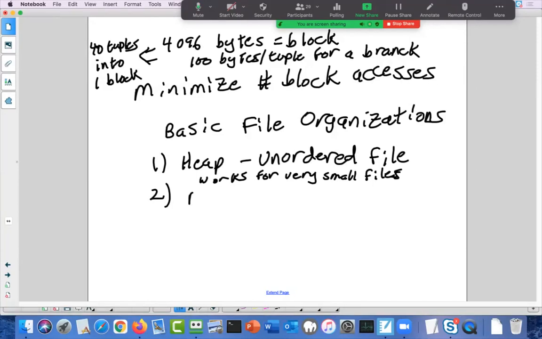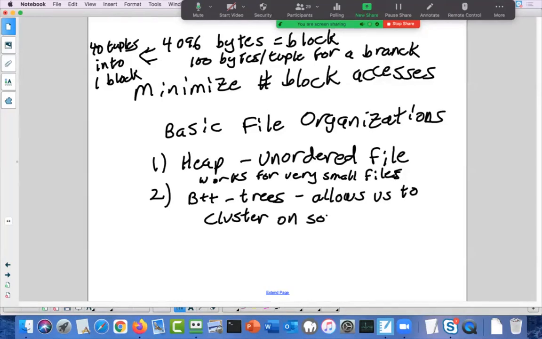Okay, second one is for B+ trees. It works when we want to be able to cluster on some attribute, and it efficiently supports range queries.